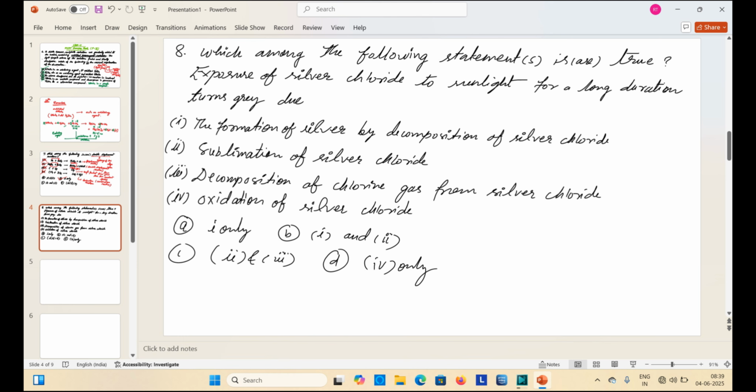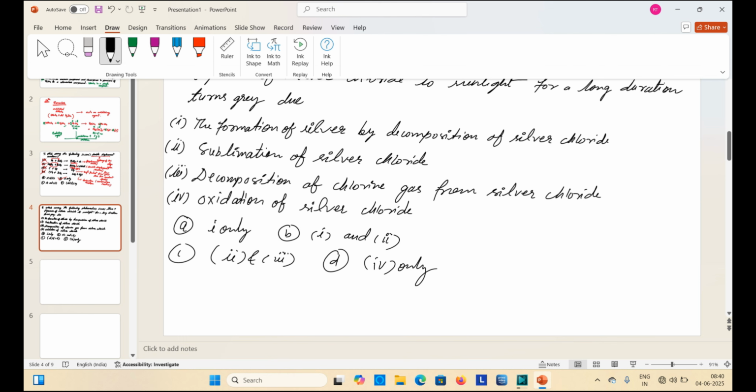So this eighth question is saying to us which among the following statements are correct. The statement is that exposure of silver chloride to sunlight for a long duration turns grey due to these options, and we will find which one is correct.